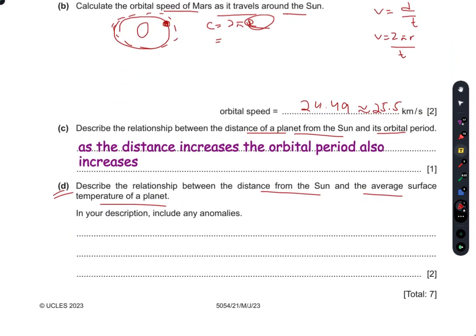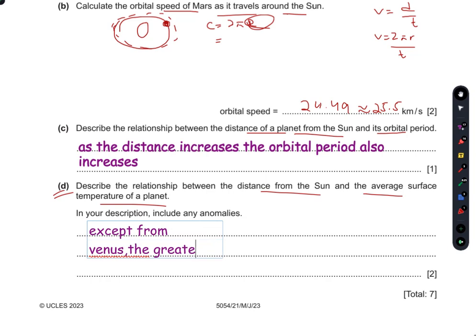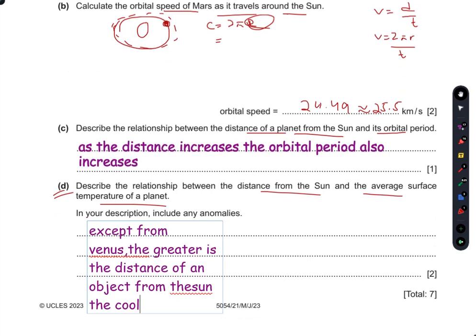So you can see that except for Venus, the greater is the distance of an object from the sun, the cooler it is.